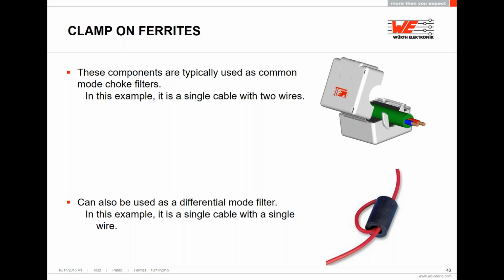So you can also use a clamp-on ferrite as a differential mode filter. But now you must separate your wires in the cable so that you have a single wire going through the ferrite. So the type of clamp-on ferrite you choose will depend upon the intended use that you want to give it.